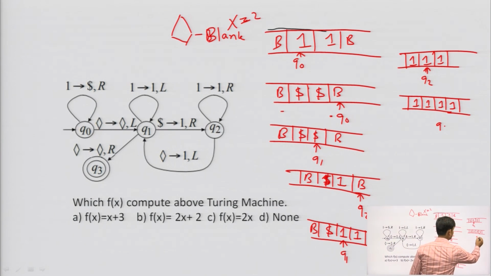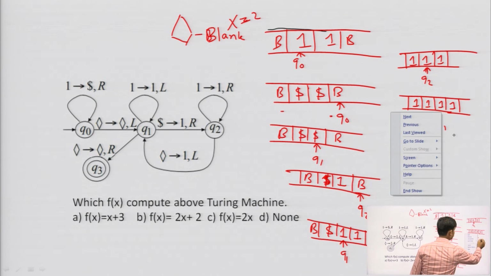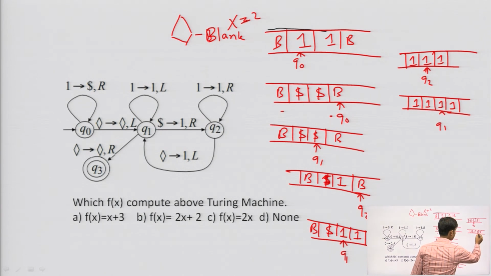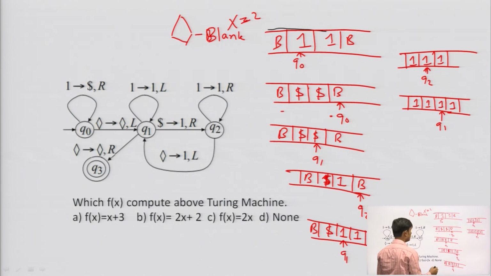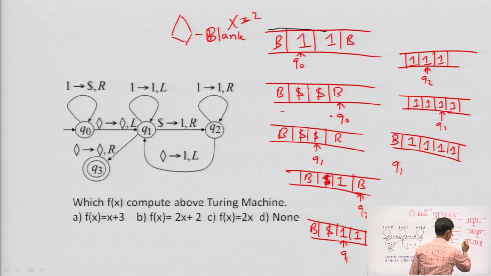Now in Q1, for all 1s you move left, left, left. Then you find the blank in Q1, because no dollar is there.